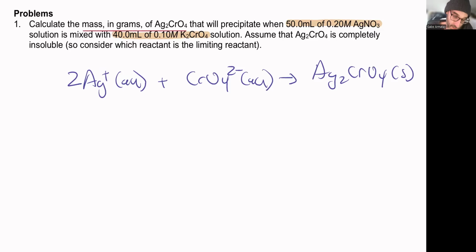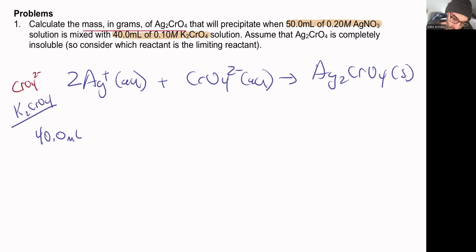So if we start with, let's say, the K2CrO4 solution, again, really this is just the chromate solution. We started with 40 mL. That's the quantity that we use. If this were stoichiometry and we had a solid, we would use grams, but here, 40 milliliters.